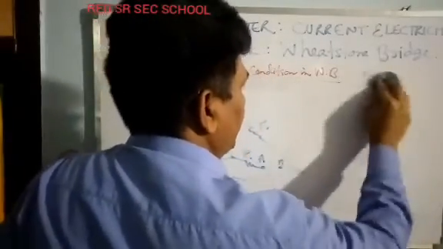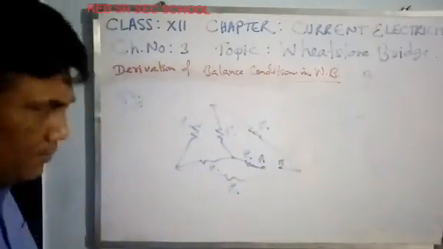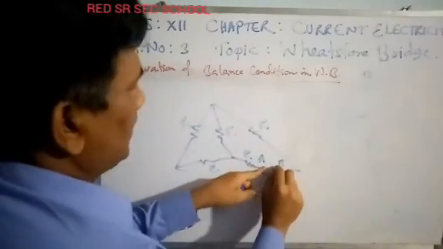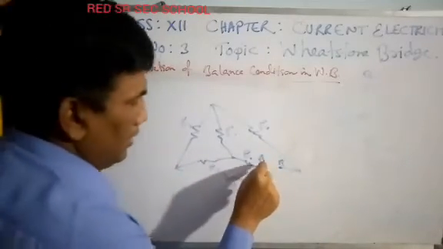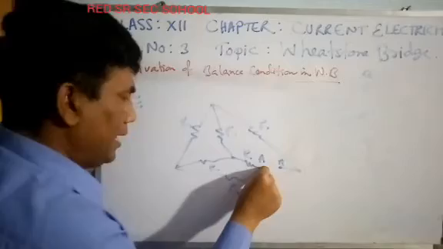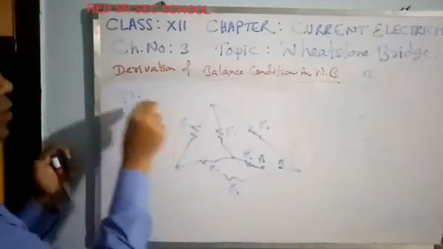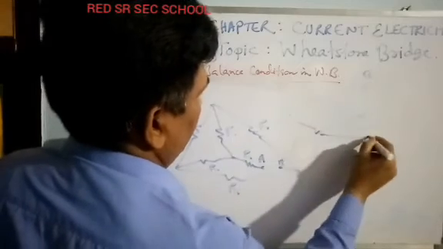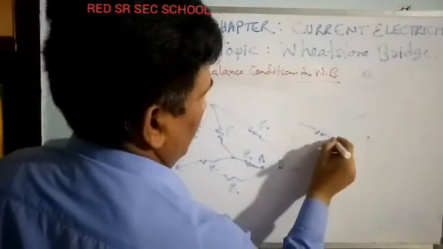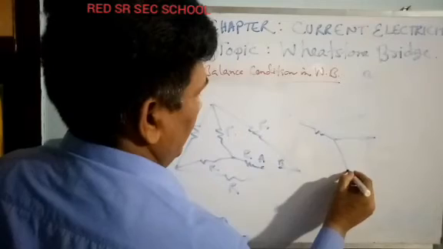I need to know the resistance between A and B. So let us unfold this figure. If I put my finger at A and bring it to this point, unfolding it, the figure will be looking like this.